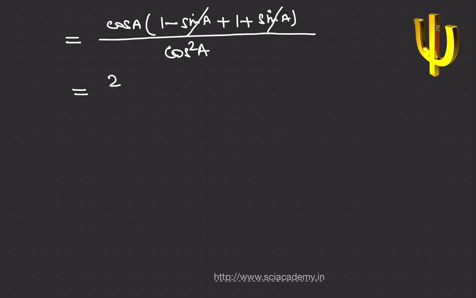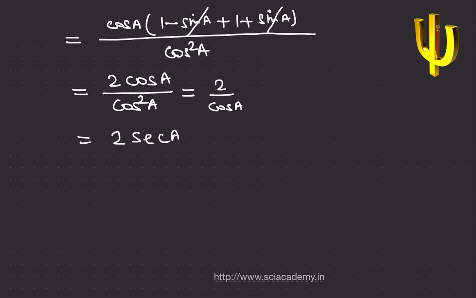So we'll get 2 cos A divided by cos square A, which reduces to 2 by cos A, and it gives 2 sec A, which equals RHS. Hence we proved the problem.